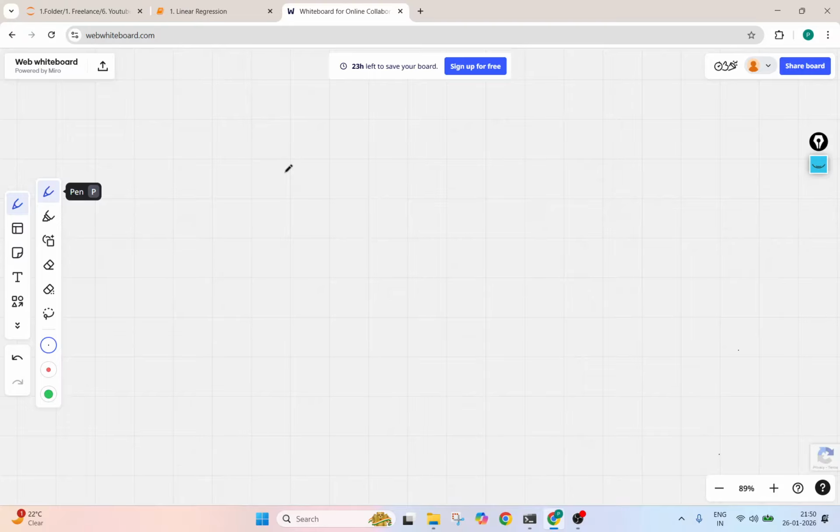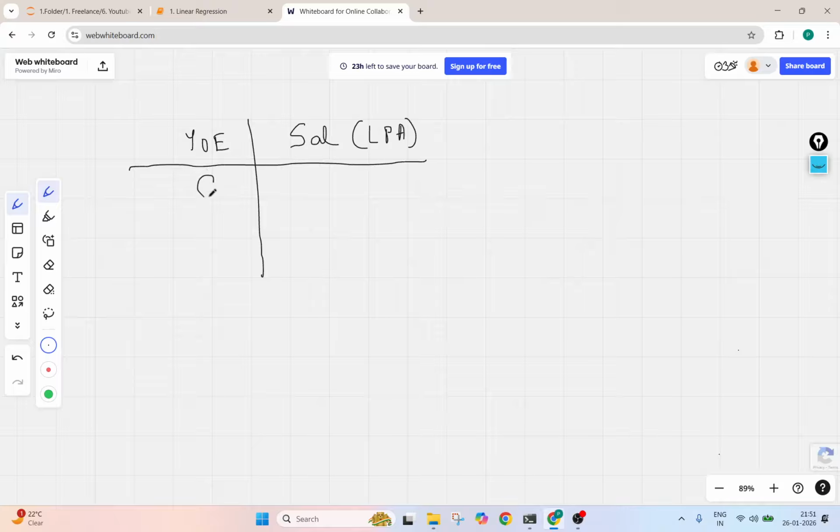Basically, let's say in an Excel sheet or any other spreadsheet, you have been given information about years of experience and the salary. Let's say the salary is in lakhs per annum. Someone with 0 years of experience is getting around 5 lakhs per annum.